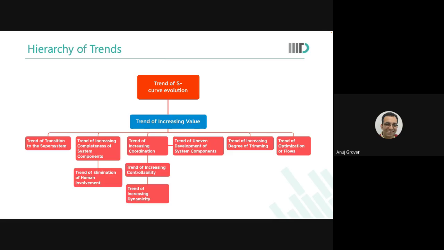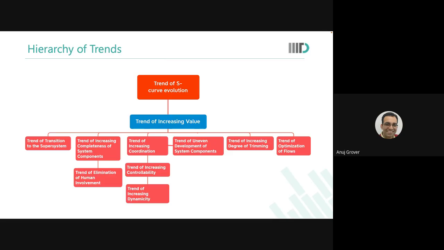Are you able to see this? So we've moved to philosophy from invention and problem solving. But it is important to realize that these trends are not just trends of engineering systems. At least this top trend of S-curve evolution is not just for engineering systems. It's everywhere.